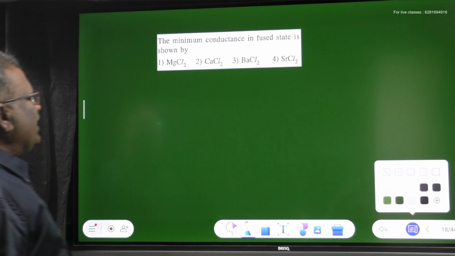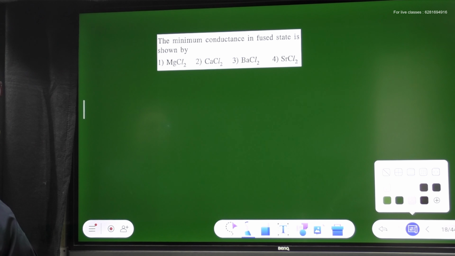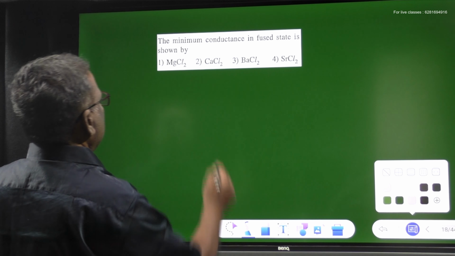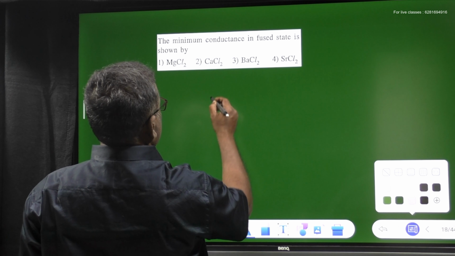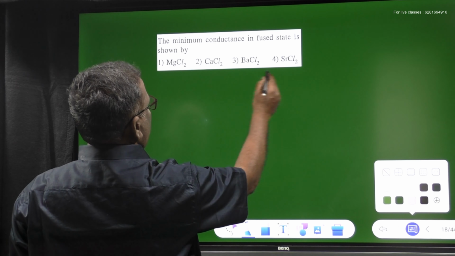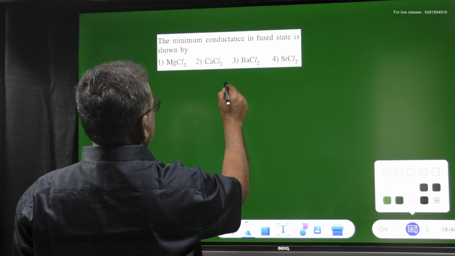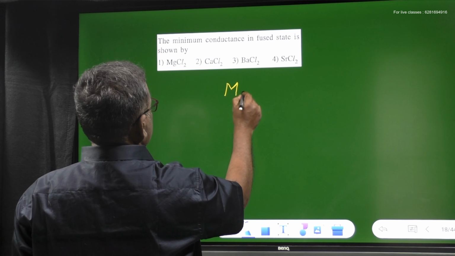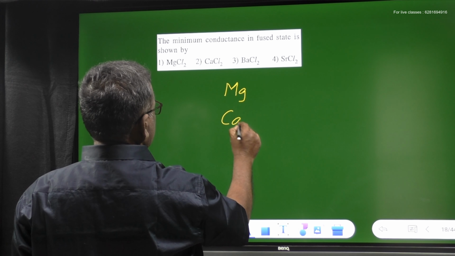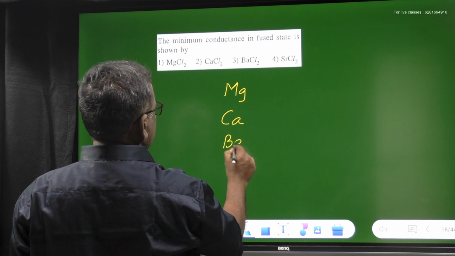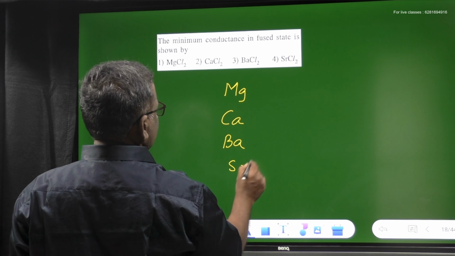Now the minimum conductance in fused state. If we observe these, all are second group cations: magnesium, calcium, barium, strontium.